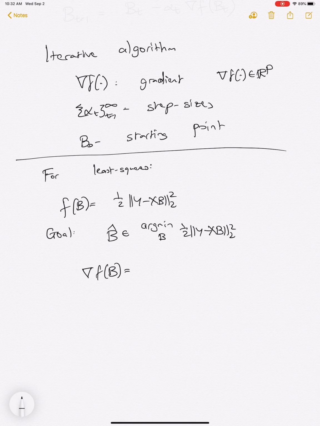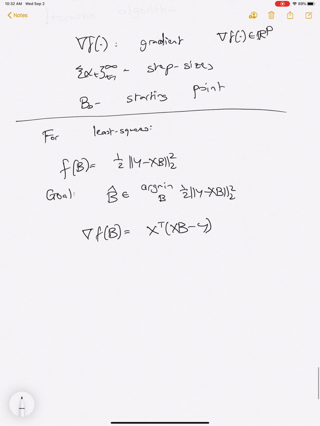We've actually already calculated this, and we're going to get that this is what the gradient looks like. You can see that this is a p by n matrix and that this is an n by 1 vector. So this is a p by 1 vector.